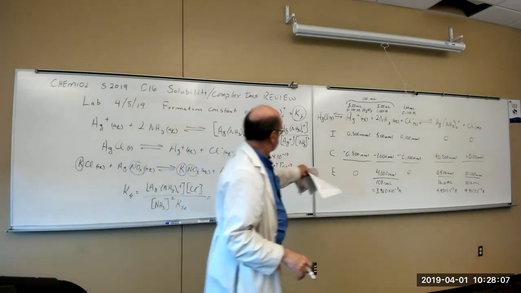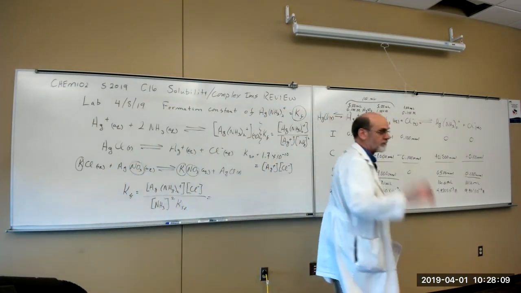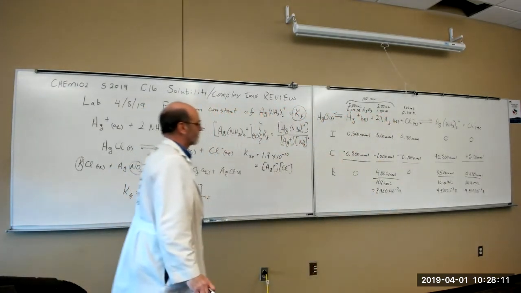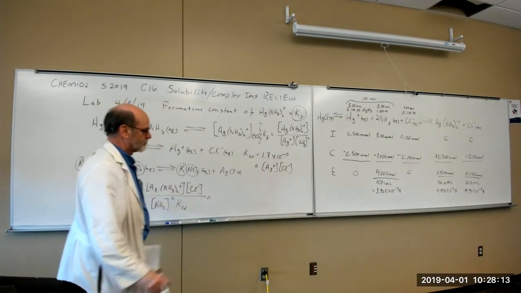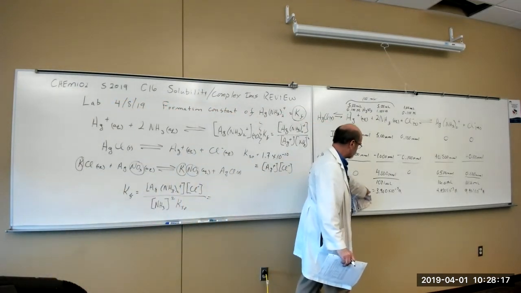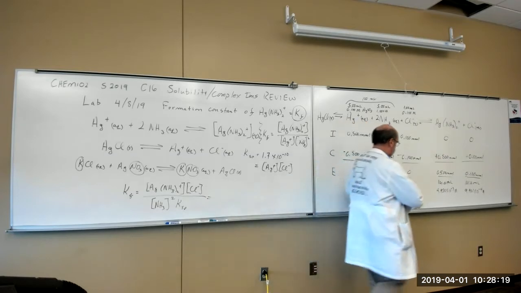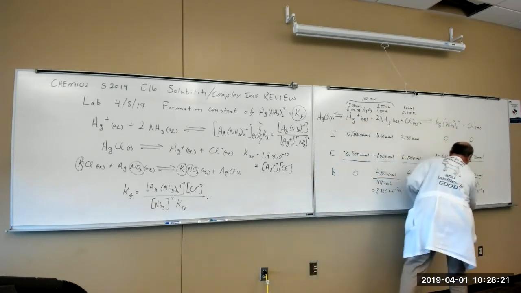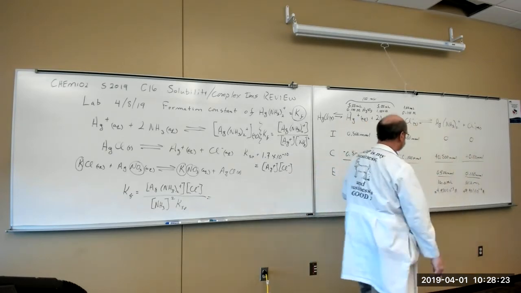That is the concentration for the ammonia, which goes on the bottom, and this is at equilibrium. And then we have our top numbers.